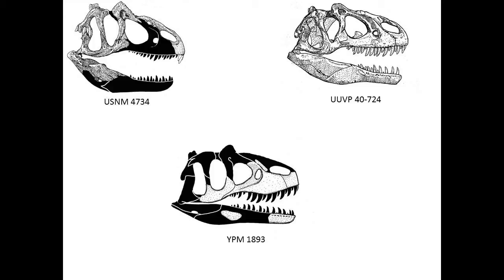I laid the material over the top of UVP 40724 and reconstructed the other specimens. I used at least 8 Allosaurus fragilis specimens that are currently classified as that, and took measurements of the lacrimal, the orbit, the antorbital fenestra, the lateral temporal fenestra, skull height, the nasal height, stuff like that.